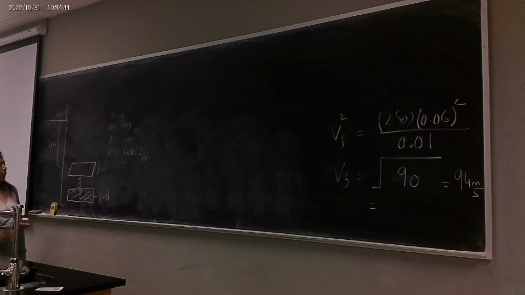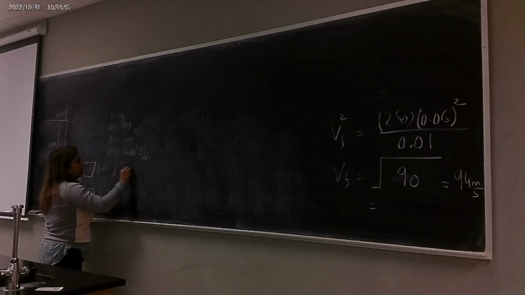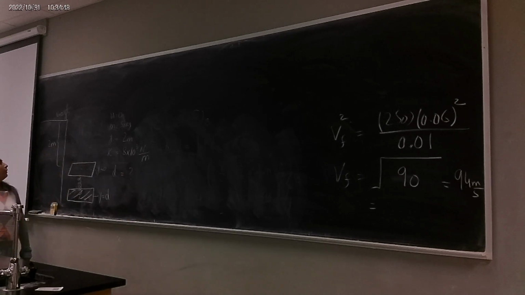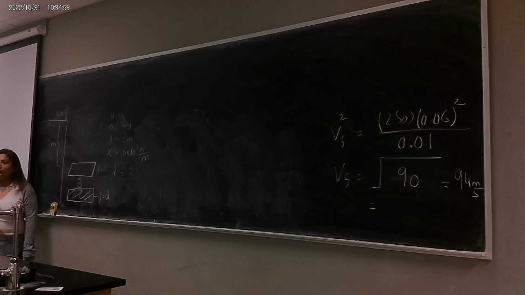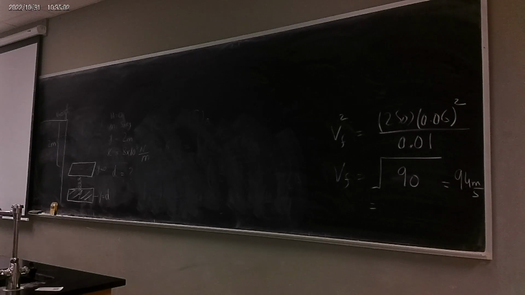We want to find this d, that if she has jumped from a height of 2 meters on a platform with a spring constant of 8 times 10 to the 3, how far this platform is going to be pushed down under her weight.